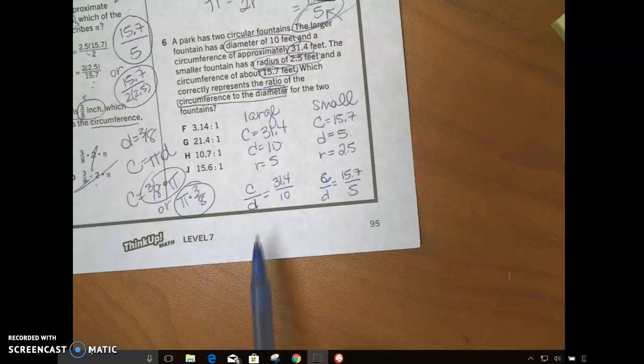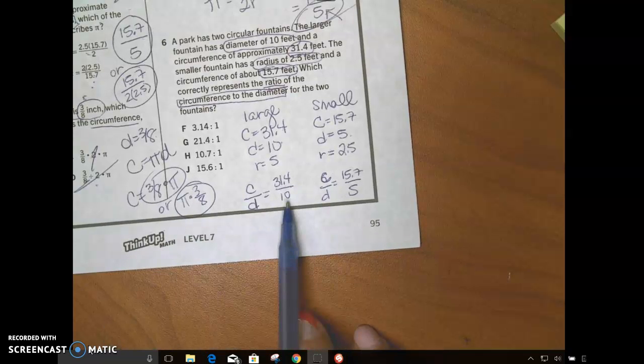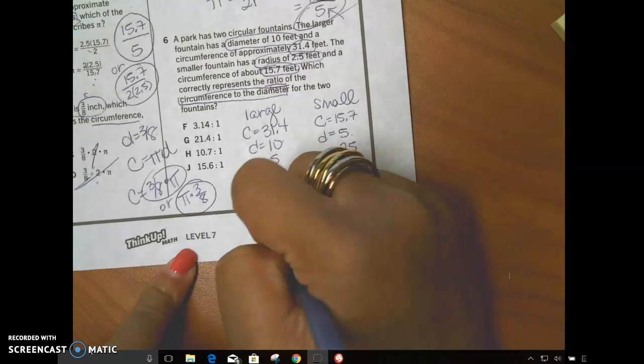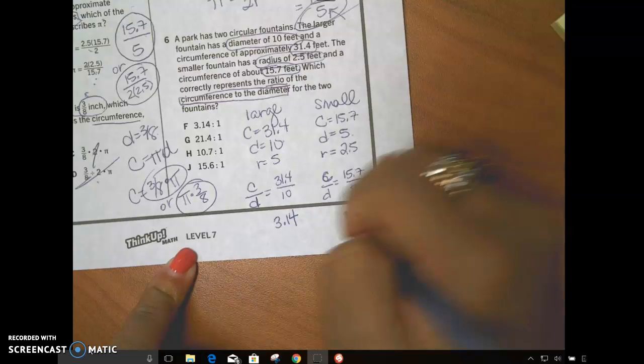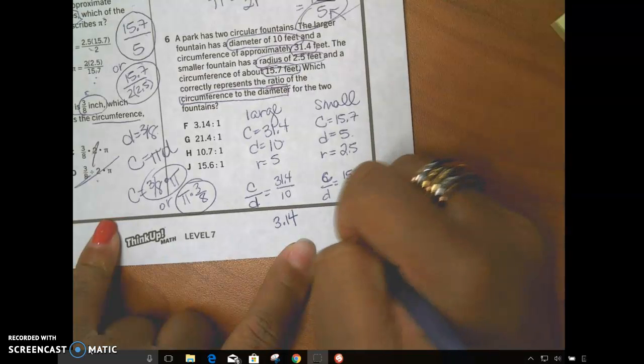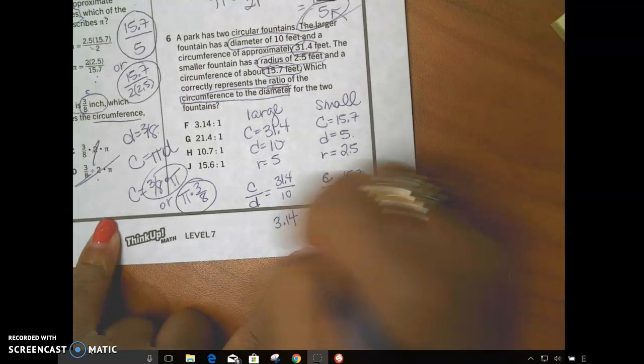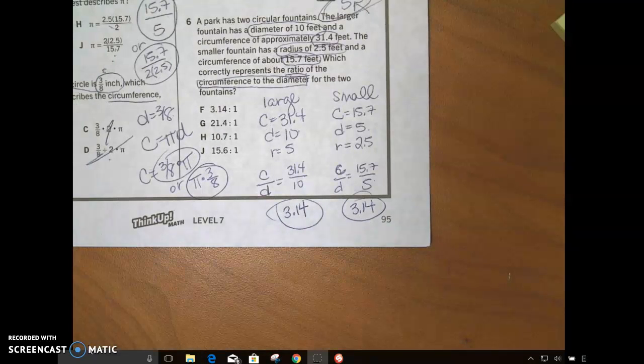You should be able to do one of these in your head. You get what? Pi. 3.14. What do you get over here? Pi again. 3.14. Find an answer that has pi in it. Get ready to go.